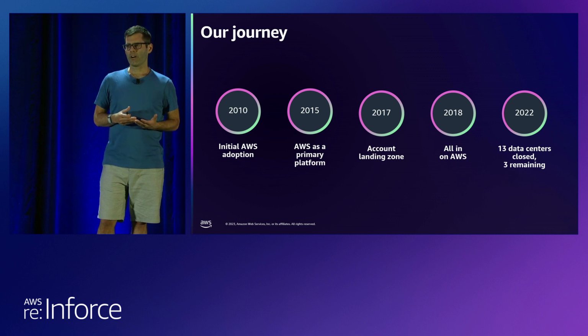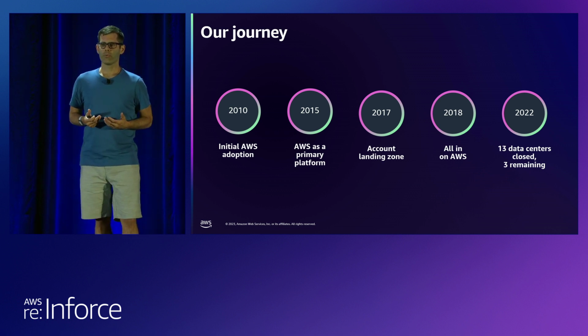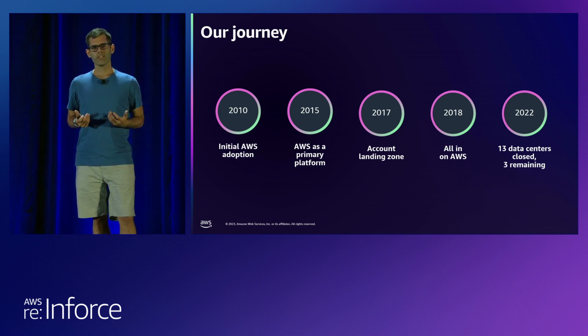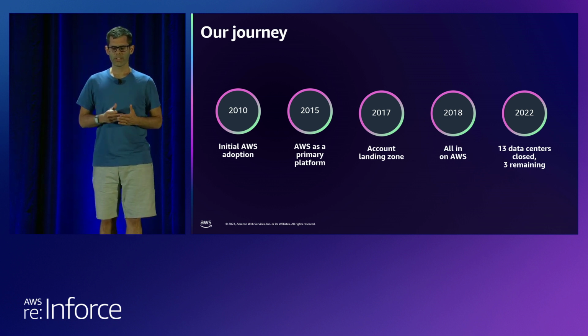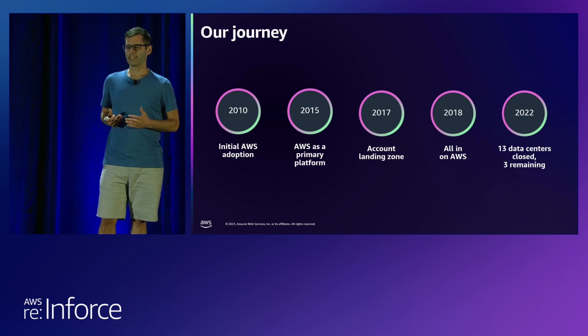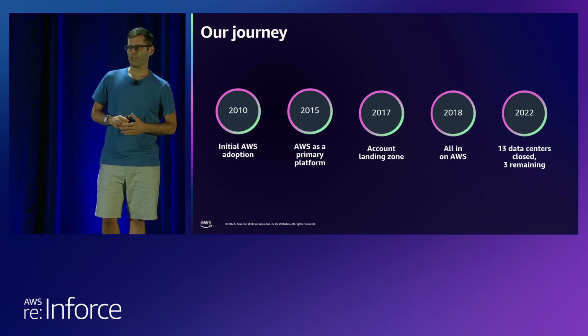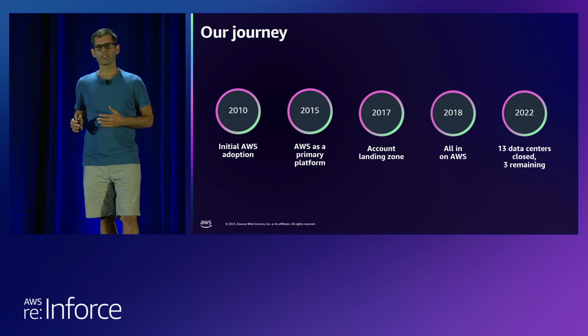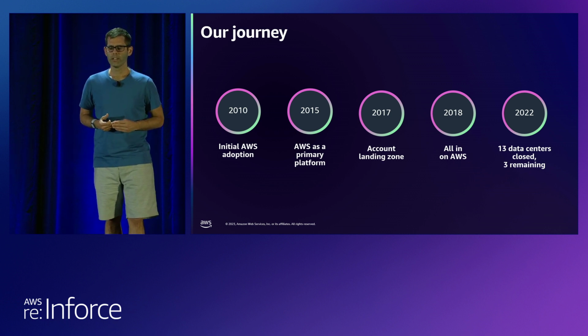At that point, we were already hosting most of our workloads in AWS, but we still had a lot of applications running in our data centers. So we started aggressively moving those out of the data centers. And today, we only have a handful of applications left in data centers that we still need to migrate into AWS.